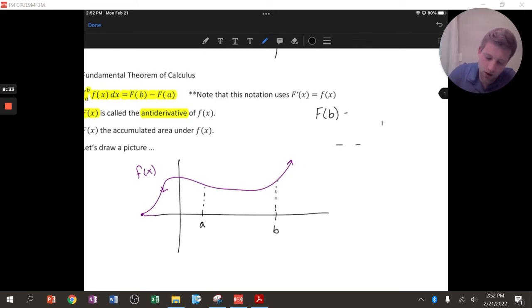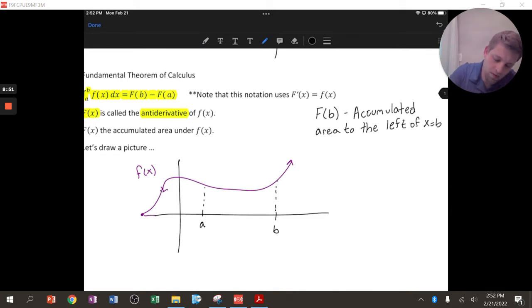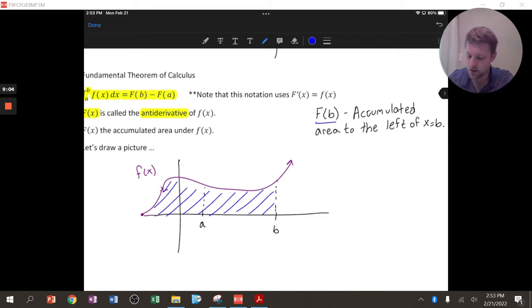This would be the accumulated area to the left of x equals b. So if I considered drawing this out, maybe we'll put this in blue here. This would be the shaded region that would be trapped here.